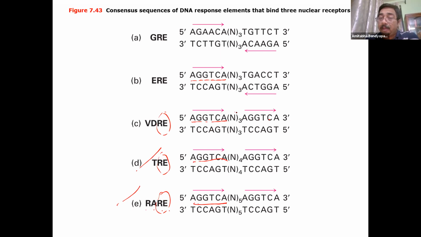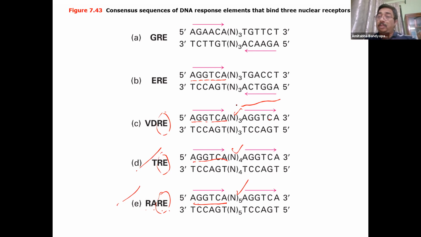In between, you have either 3 nucleotides or 4 nucleotides or 5 nucleotides. Depending on that, it will bind to vitamin D or the thyroxine or retinoic acid. For the estrogen response element, it is still AGGTCA, but there is an inverted repeat. And the glucocorticoid receptor is slightly different from this signature, but you see how similar they are to each other.